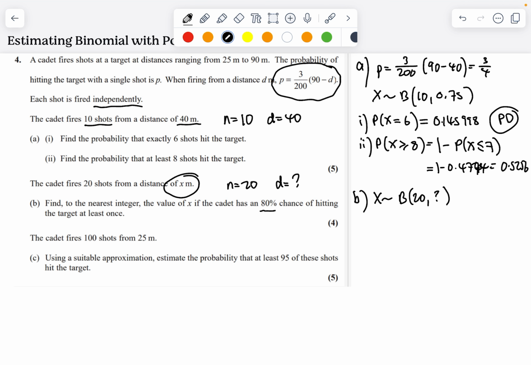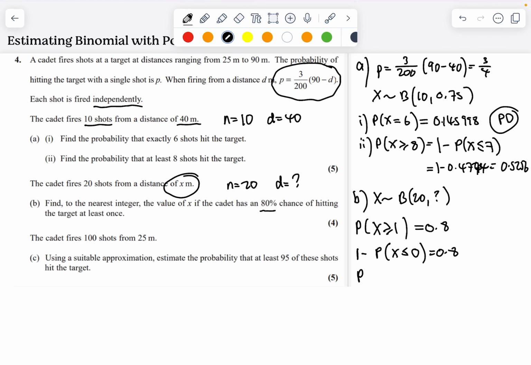But we do know he hits the target at least once, and the probability of that is 0.8. So again, we reverse that: 1 minus P of X less than or equal to 0 is 0.8.